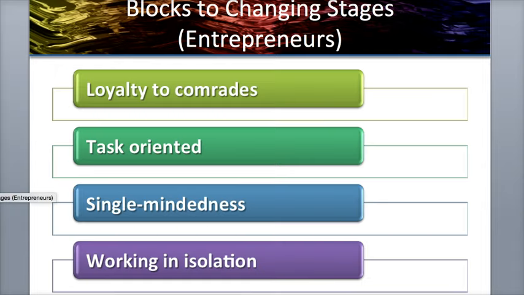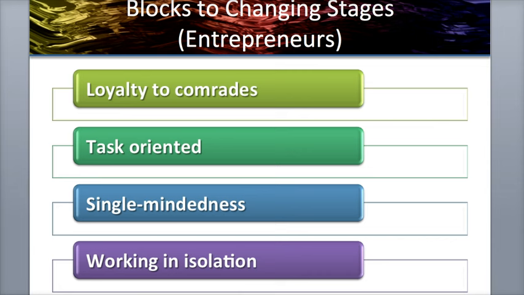Okay, so other blocks to change for entrepreneurs could be loyalty to comrades. You may have friends you're working with, and you may not want to replace them with other managers. That could be a tricky situation. Task-oriented: your focus on the job is critical, but it turns into an excessive attention to detail, and you really can't see the bigger picture.